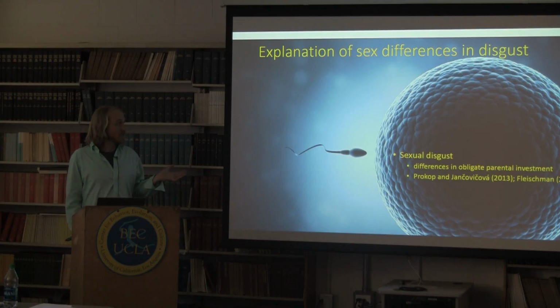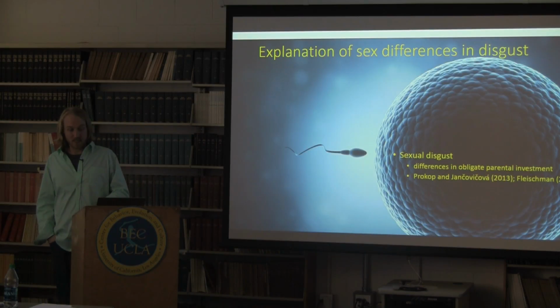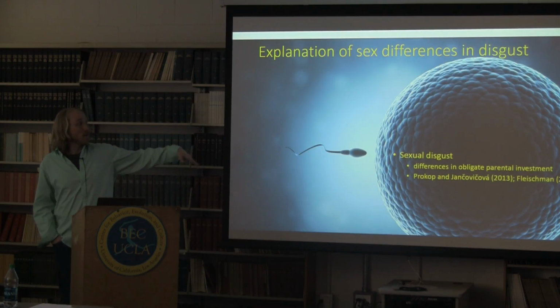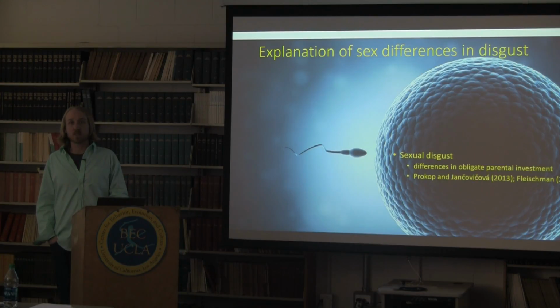Sexual disgust seems like a mechanism of sexual choosiness, so it's not terribly surprising that you see a big sex difference here. Other authors have offered this explanation for sex differences in this area, and we're on board with this explanation. We think it's a fine explanation.